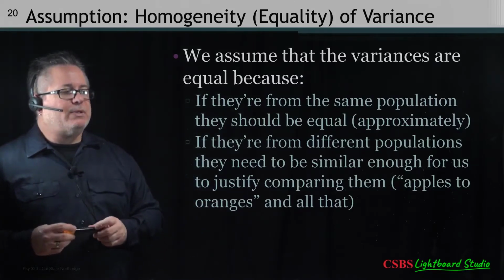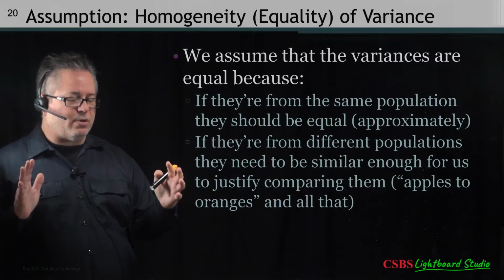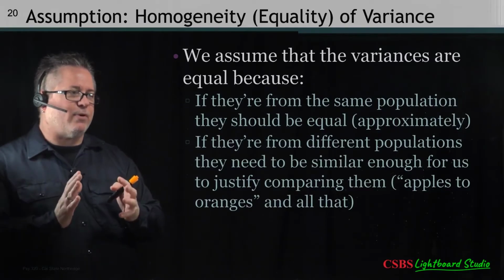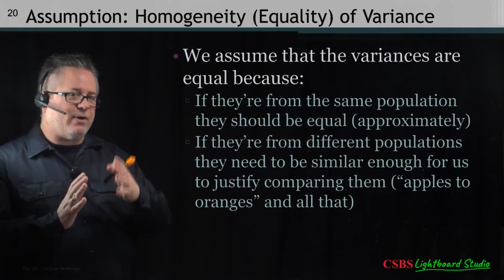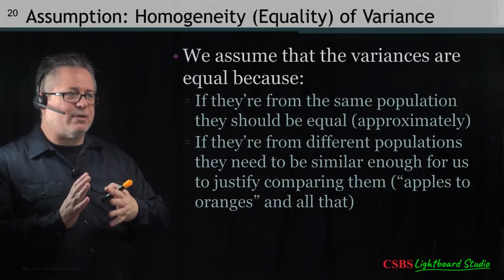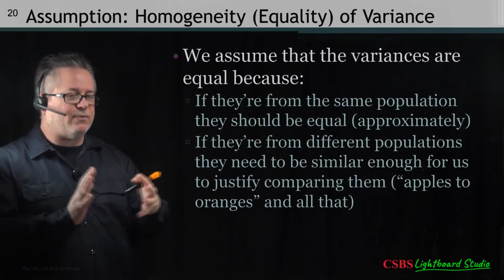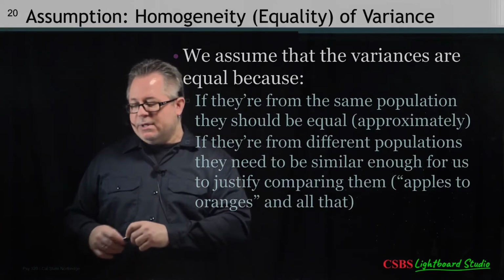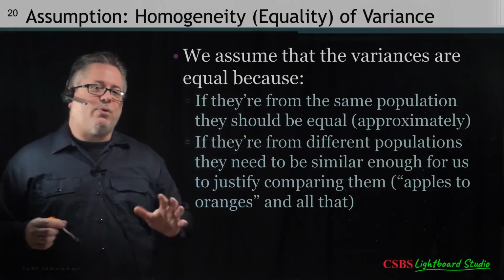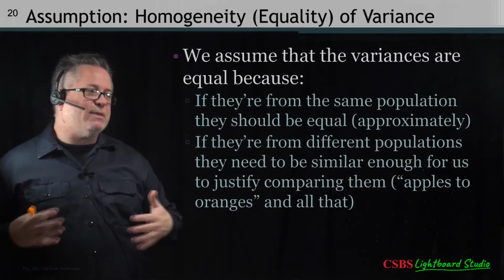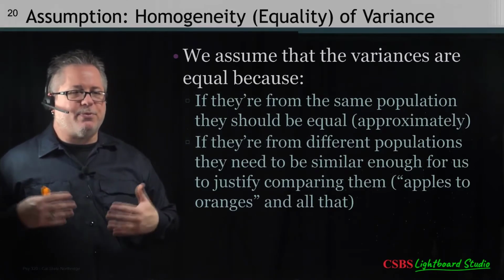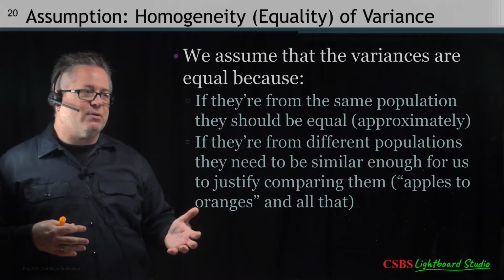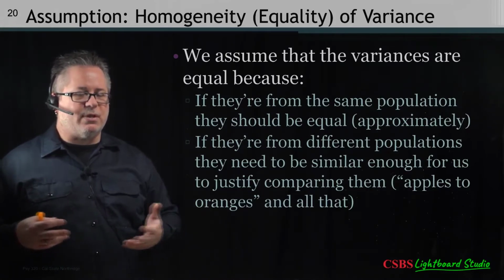If one scale is much more homogeneous with a smaller amount of variability, that mean is representing a different scale of numbers than one that has a much larger variance. So we're assuming that the variances should be roughly equal so that the means are comparable.